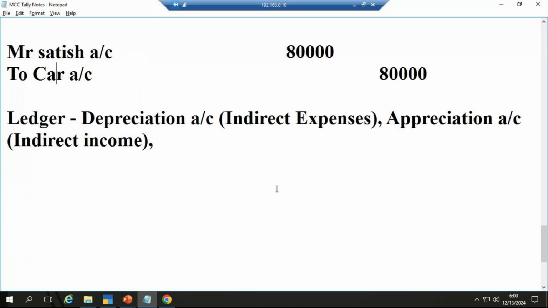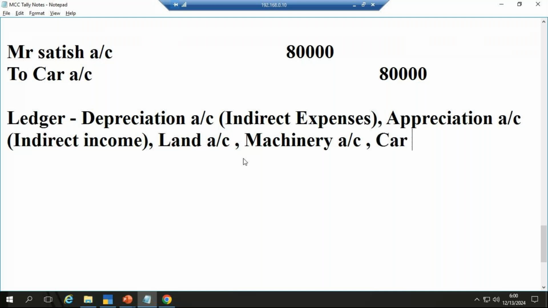Because these are fixed assets, I'm creating these first. All these come under fixed asset. If you're working in a new company, you can create a furniture account also, no issues.